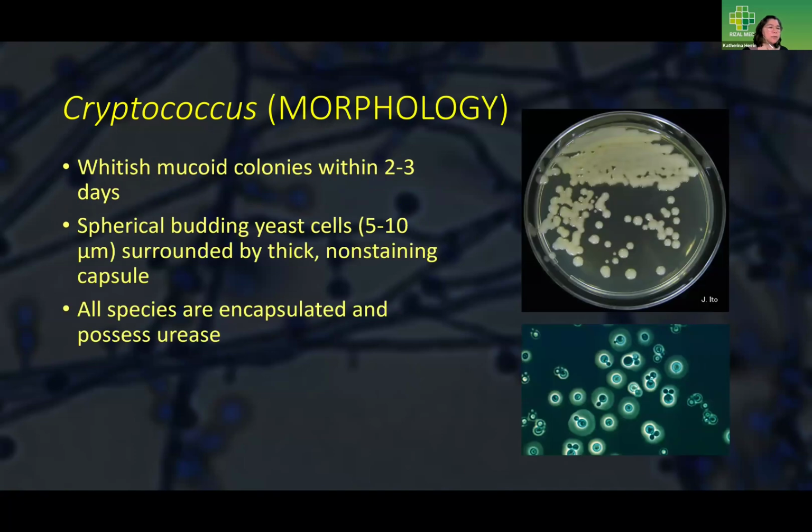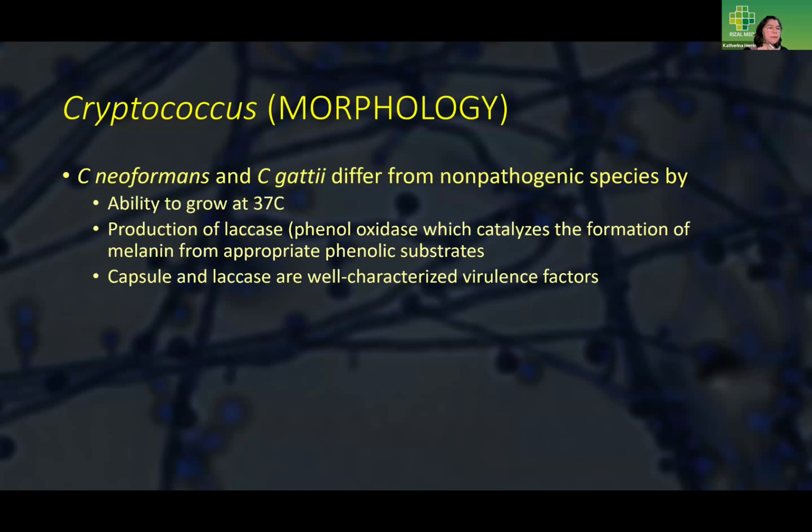In culture, Cryptococcus species produce whitish mucoid colonies within 2 to 3 days. On microscopic evaluation, the spherical budding yeast cells are surrounded by a thick non-staining capsule. All species are encapsulated and possess urease. The capsular polysaccharides, regardless of serotype, have similar structure.